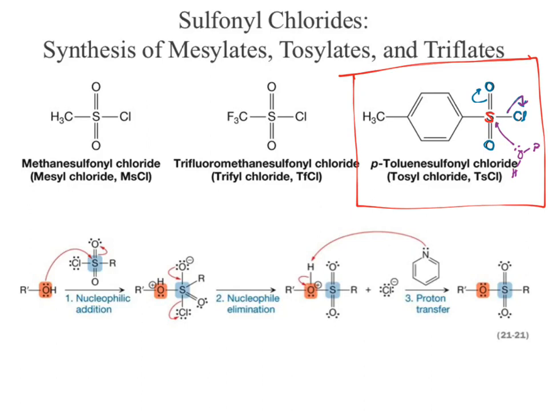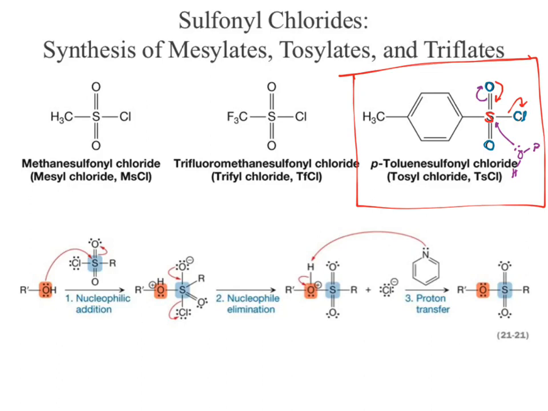What then happened? We broke a pi bond, right? You mean we did a nucleophilic addition to a sulfur compound? Yes. Those pi electrons came back down, reformed the pi bond. We exceeded the octet, we kicked out the chlorine. You mean we did a nucleophilic elimination? Yes, that is exactly what happened.